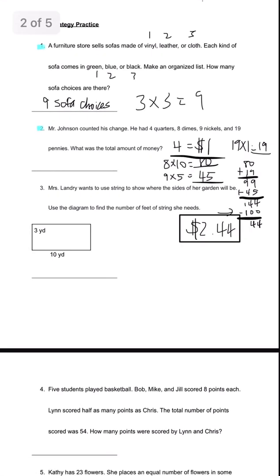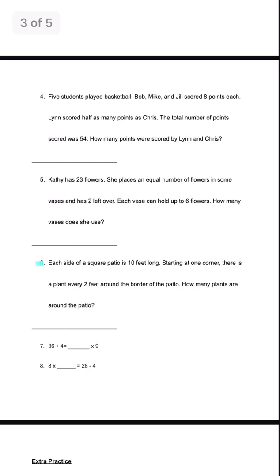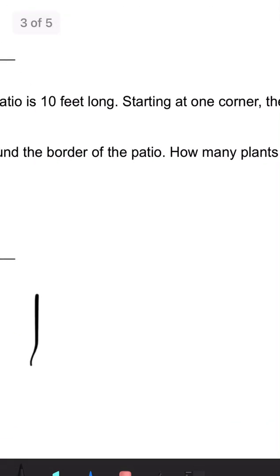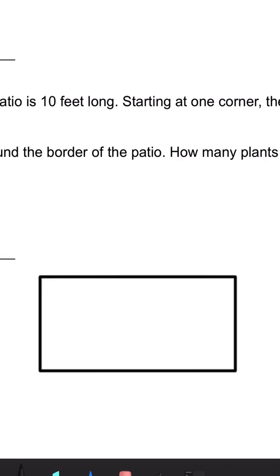Okay, let's move to page number 3. Take a look at number 6. Each side of a square patio is 10 feet long. Starting at one corner, there is a plant every 2 feet around the border of the patio. How many plants are around the patio? So, just to give you guys a visual, we're going to draw this. We know that this is 10 feet.